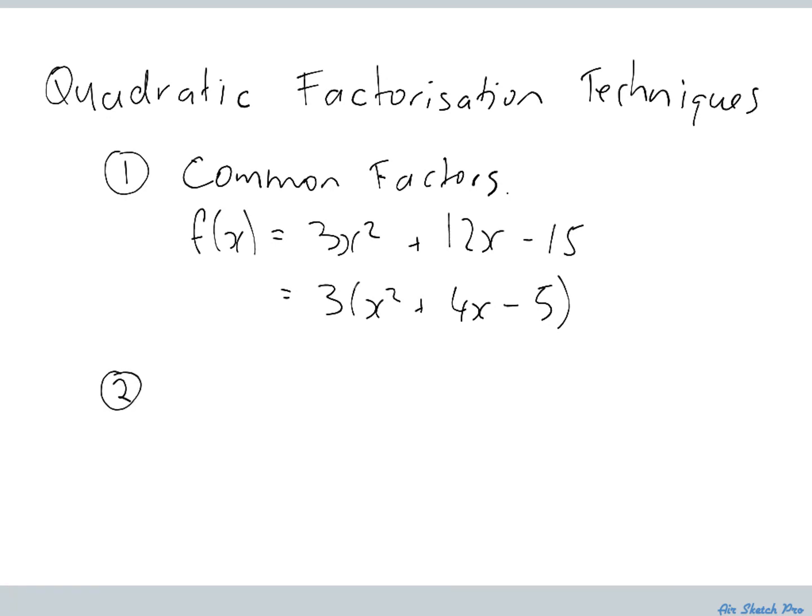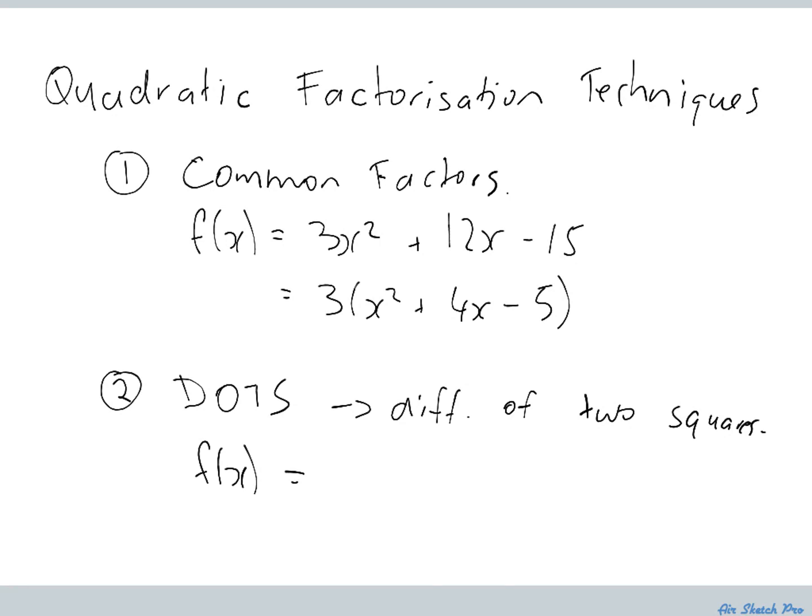recognising and factorising because you see that it is a difference of 2 squares. So for example, if I give you f of x is equal to 16 outside of x minus 2 squared minus x squared, you can factorise that using difference of 2 squares.